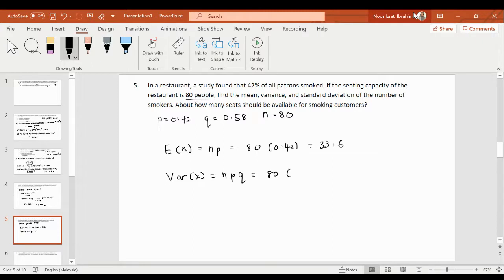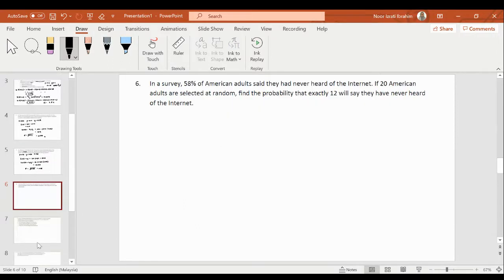It will be 80 multiplied by 0.42 multiplied by 0.58, which equals 19.488. And from the variance, we can get the standard deviation, which is the square root of 19.488. We will get 4.415. That is for the standard deviation.